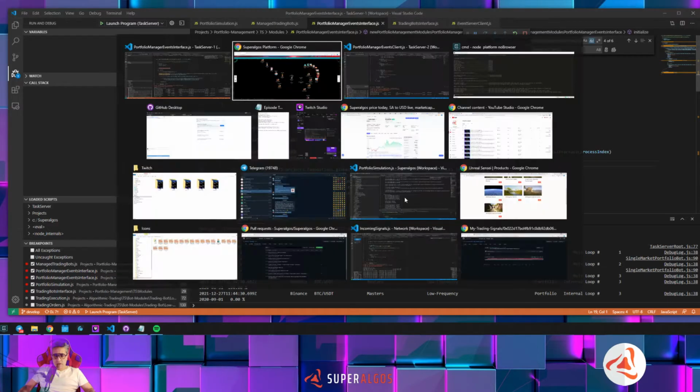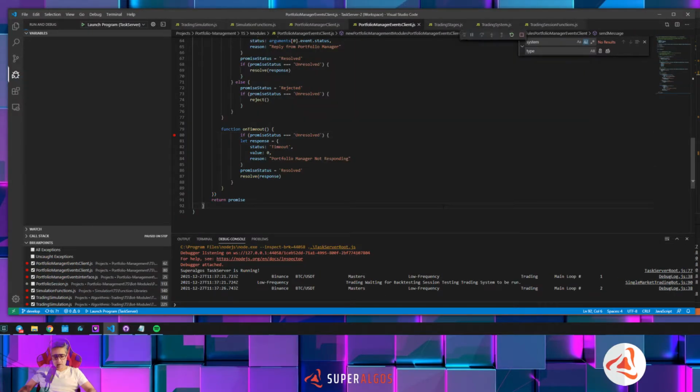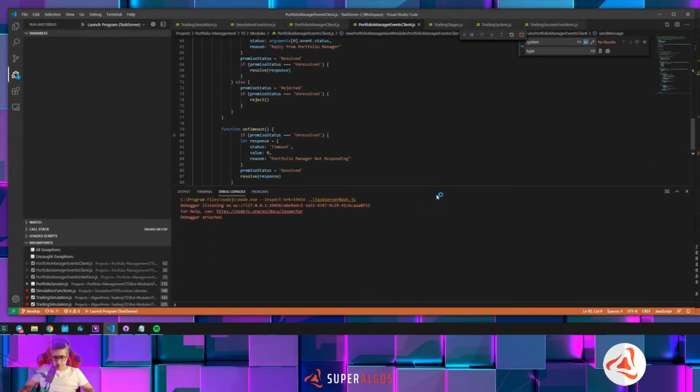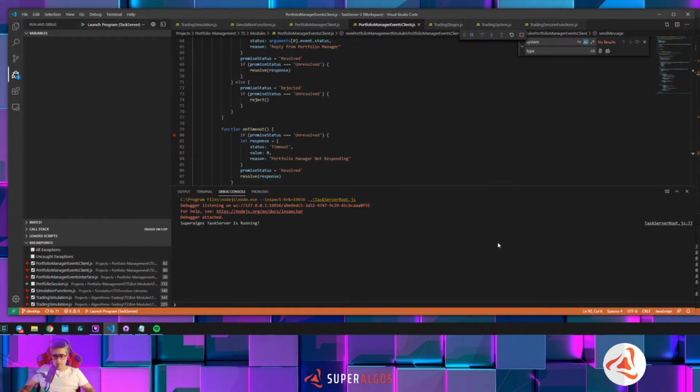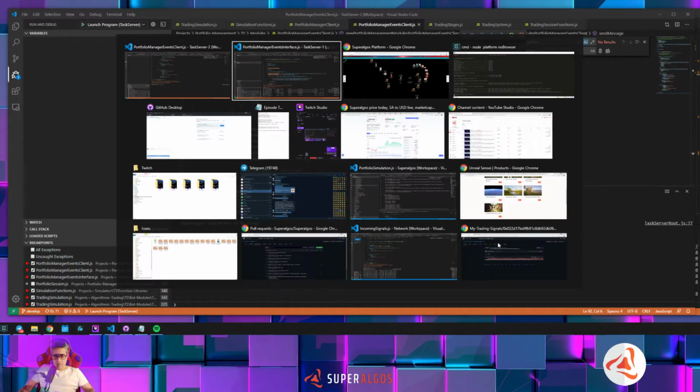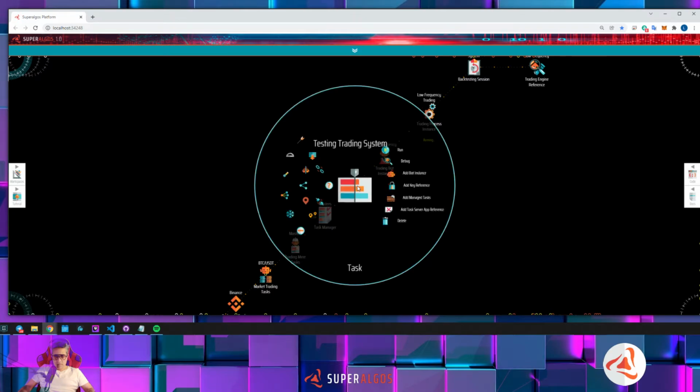So we will have the second bot running, this one. Now we run.